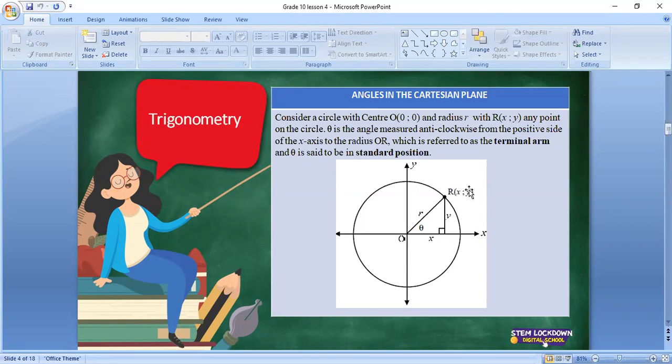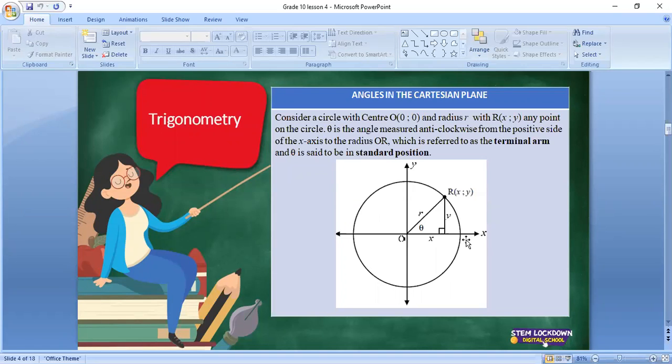Maybe your x is 4 and your y is 10. That means the x coordinate is 4, from the origin there is 4. So there will be our x value, and this will be our y value when the triangle is created. Basically we're going to have a triangle like this, with x and y.